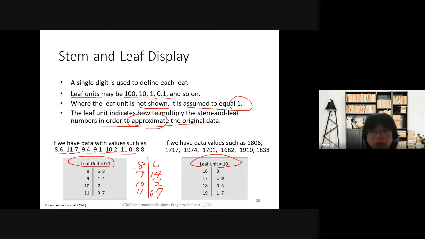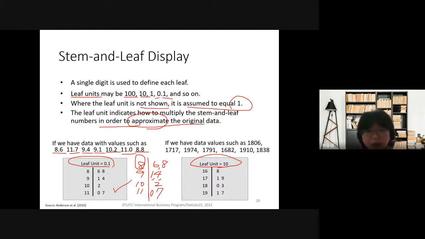Since 0 is less than 7, it comes before the 7. Then the next is 8.8. The 8 is here, and the leaf 8 comes after 6.